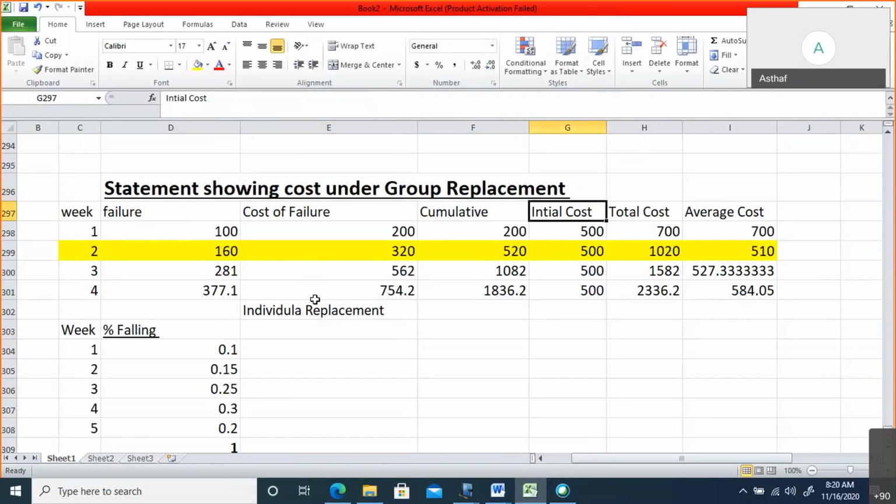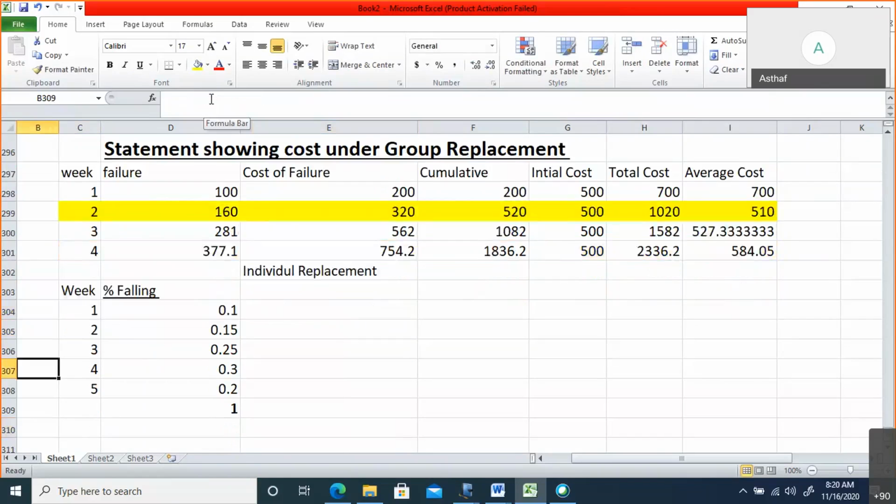See this symbol: 1000 units, group replacement, if you do 50 paisa. So 1000 into 0.5, that is what? 500. Very simple. So now we will do individual replacement. What is individual replacement? See, this is the failure. We will make it into expected failure.